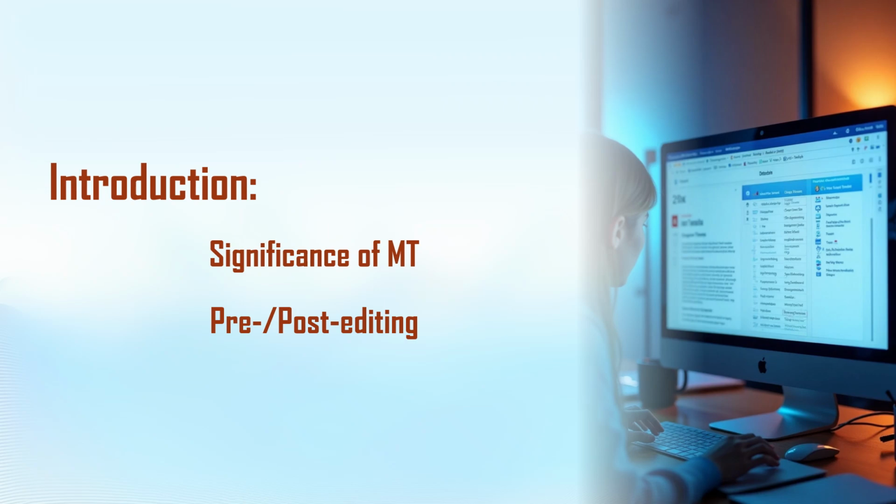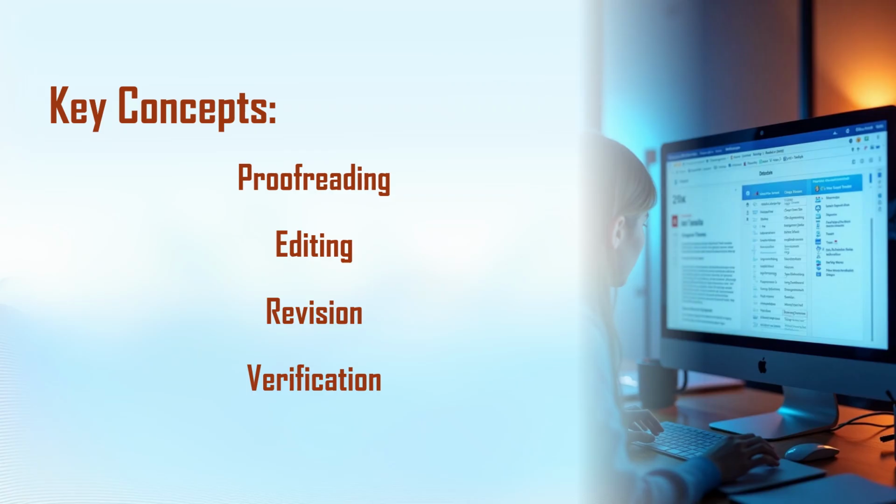Throughout this lecture, you will get a comprehensive understanding of these two practices. It will show you how they improve machine translation output and help you see where your role as a translator remains absolutely essential.